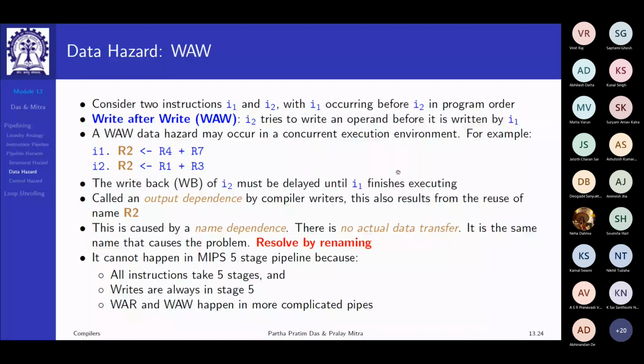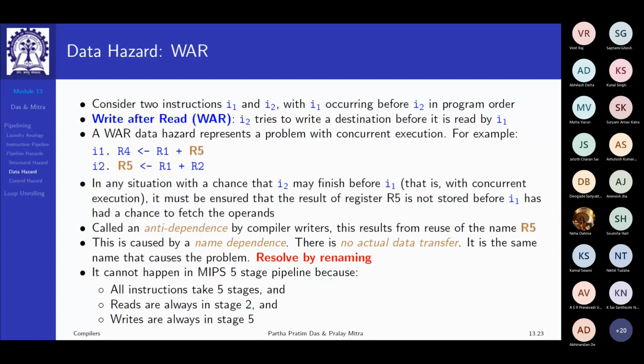Now, if I go back one slide for WAR, with the MIPS 5-stage pipeline you'll see that WAR can never happen. For the simple reason, I1 reads R5 in stage 2, whereas I2 writes R5 in its stage 5. So by the basic pipeline structure, the write will always happen later.